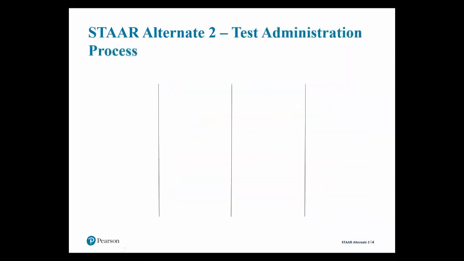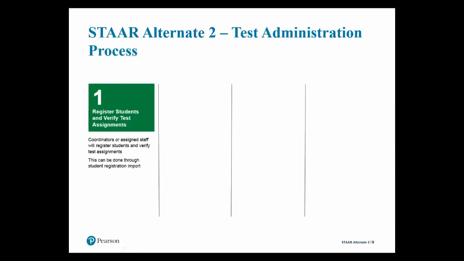So now we'll take a look at the test administration process for STAAR Alternate 2. And that starts with making sure that your students are registered and assigned to their correct tests. So again, this can be done through the student registration import, but you can also go in and manually register your students in the assessment management system.